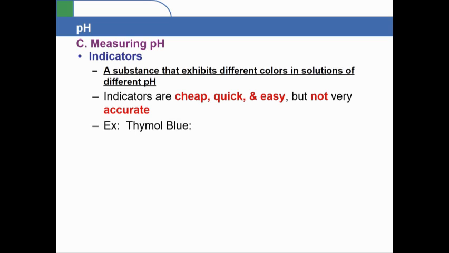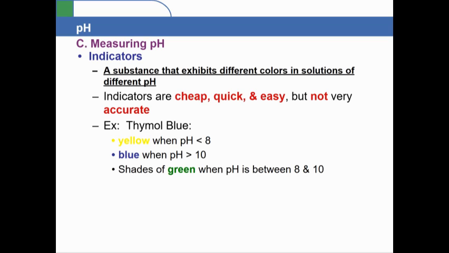For example, thymol blue is a type of indicator that whenever the pH is less than approximately 8, then it turns yellow. If it's greater than 10, then it turns blue, and anywhere in between, it's different shades of green. So it gives you a good rough approximation of the pH.